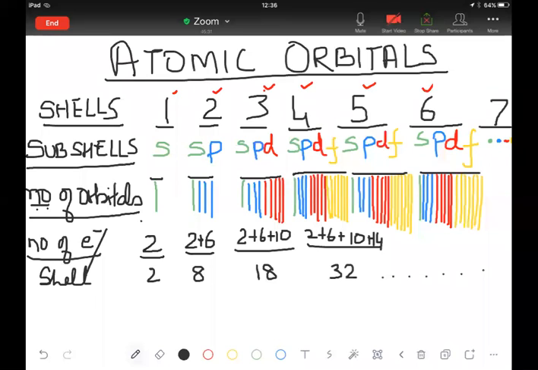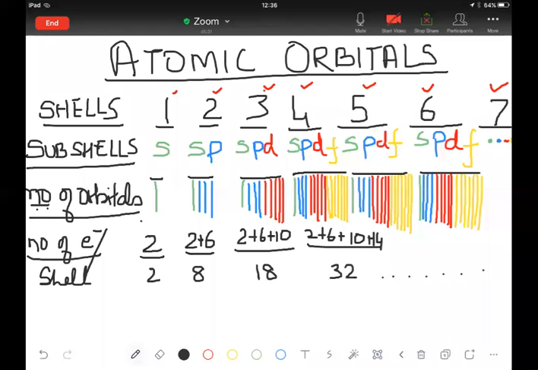Now, what is the composition of these shells? Not composition exactly, how many more energy levels are there in each of these shells. That I have tried to explain with this second line, that is the subshells present. If you see the subshells, S I have shown with a light green color, the same color I have on my iPad.